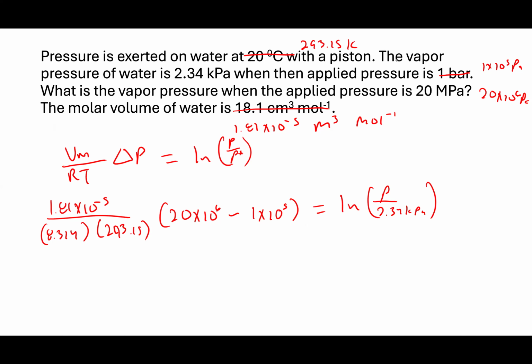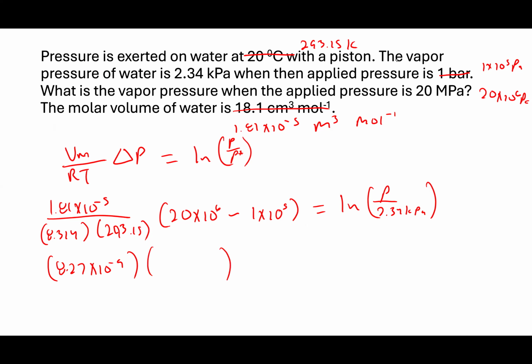All of this becomes 1.81 E negative 5 divided by 8.314 times 293.15. All of this becomes 8.27 times 10 to the negative ninth.